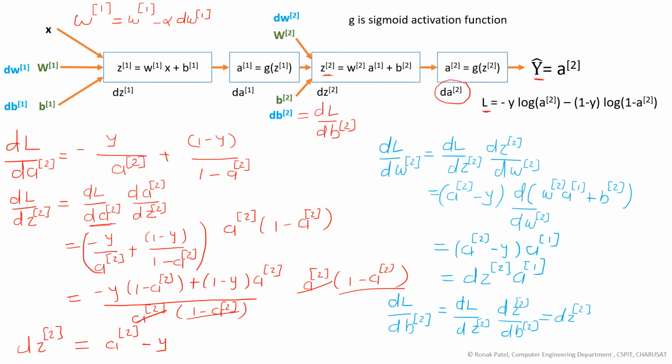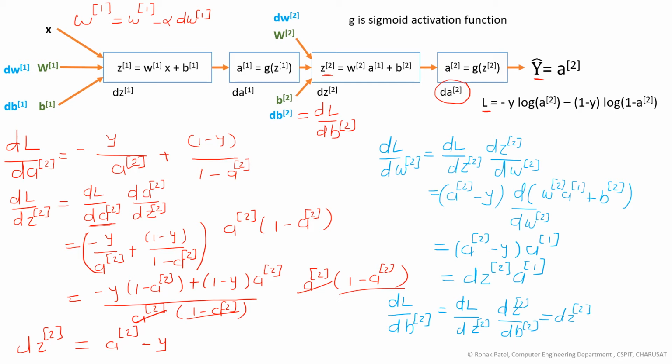You can see here z2 is w2 a1 plus b2, and now instead of w2 we have b2. If you perform the derivation, for the variable b2 this term is constant, so its derivative will be 0, plus the derivative of the variable, dx upon dx, which will be 1. So multiplying by 1 will give you dz2 only.